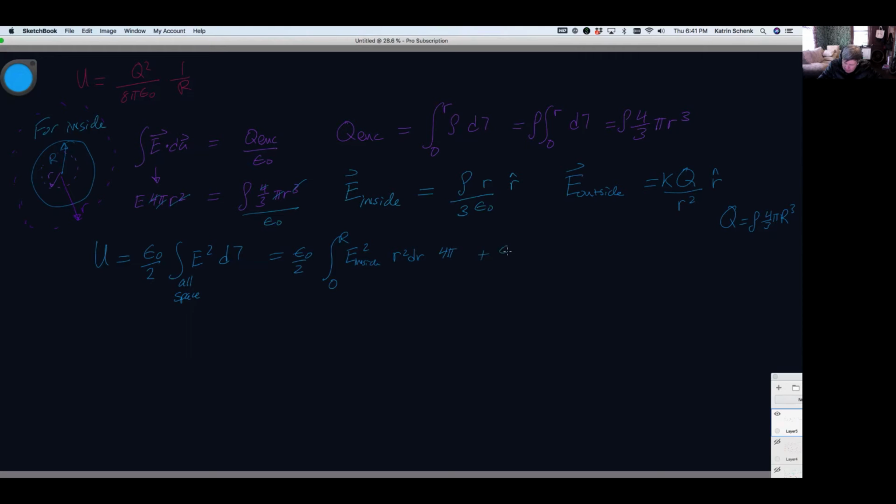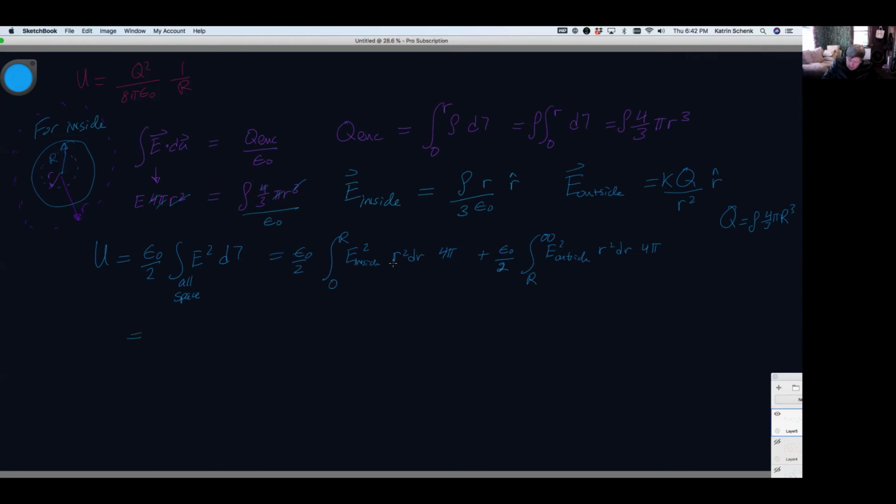And then plus the integral for the outside, over 2, the integral of E squared outside, r squared dr, and then 4 pi, because there's the integral of the d omega, and that's from R to infinity. So it has to be all space. Remember, it's super important that it's all space. Okay, so let's do the integrals.